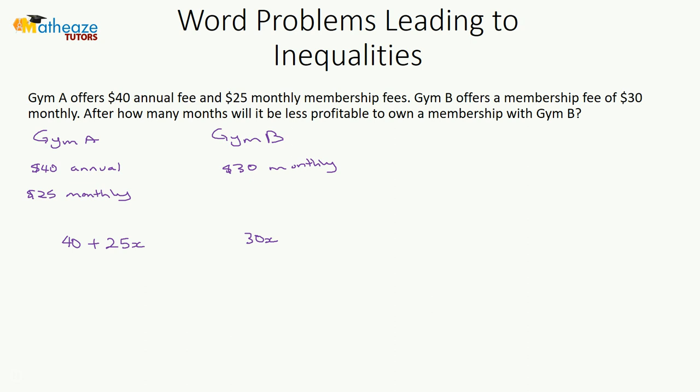That means that the cost of owning a membership at Gym B will be greater than the cost of owning a membership at Gym A, or we can say the cost at Gym A is going to be less than the cost at Gym B. So this is going to give us 40 plus 25x is less than 30x.